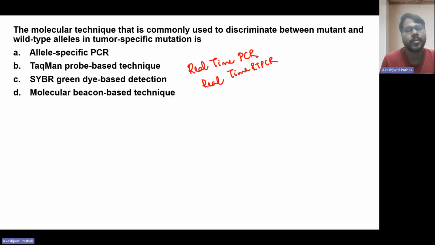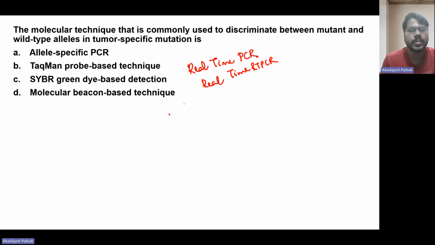The TaqMan probe has two different molecules at its two ends: a quencher and a fluorophore. When the quencher and fluorophore are together, you won't observe any signal. But when this probe binds to a specific region of the DNA, it opens up, since it has a hairpin shape.